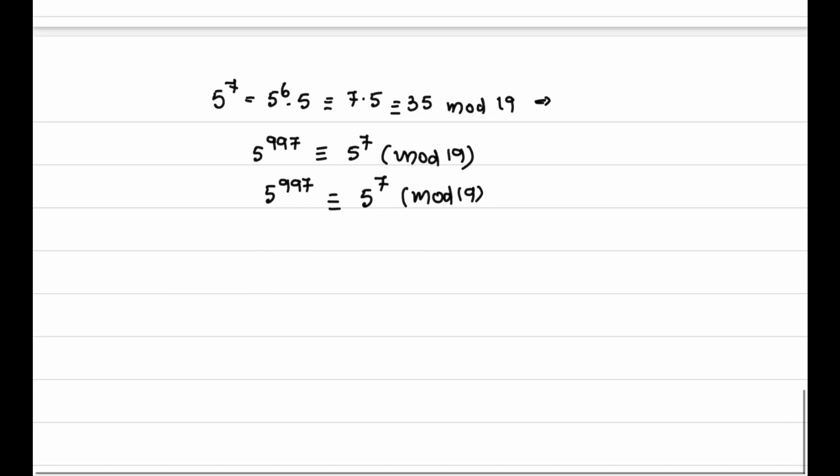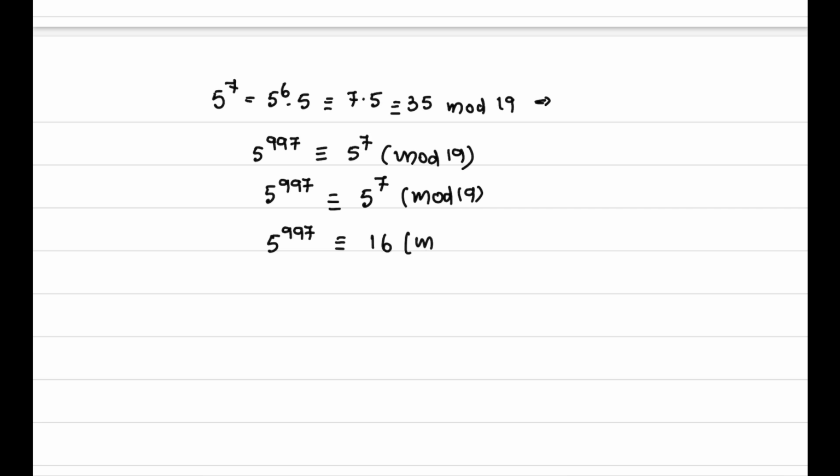I have repeated the same. 5 to the power of 997 is equivalent to 16 mod 19, because 35 is equal to 38 minus 3, equivalent to 3 mod 19. These are all from the definitions which I have discussed in the previous lectures, which is equal to 5 to the power of 7.